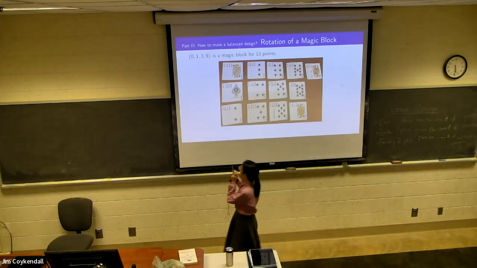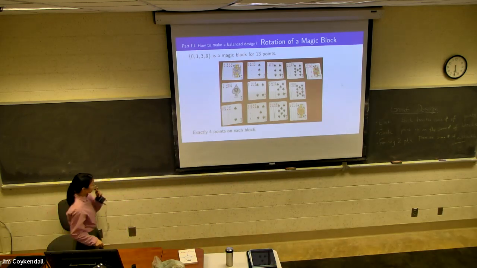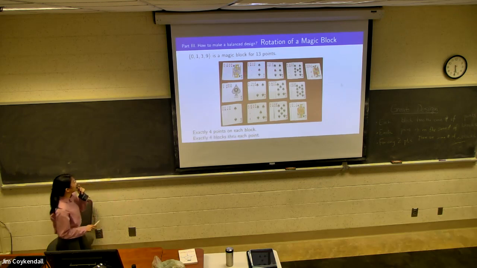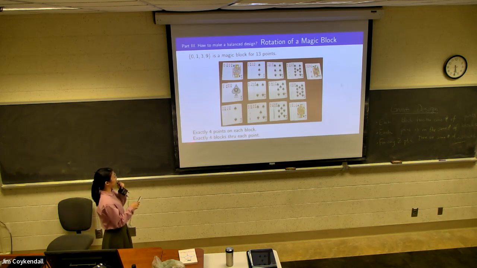I say that this is a magic block. It gives you all the nice features, which include that there are 4 points on each block. That is not so exciting, we know that already. For each point there are 4 blocks.